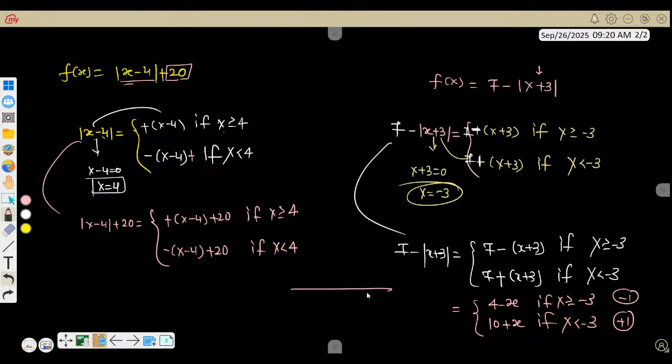So this is x minus 3: greater than minus 3, negative 1 means decreasing, or less than minus 3, positive means increasing. So you can say from minus infinity to minus 3 the function is increasing, or from minus 3 to positive infinity the function is decreasing. You understand, Arsia? Yeah.